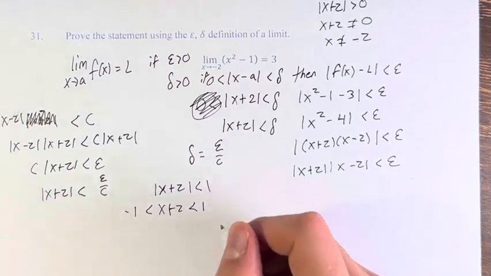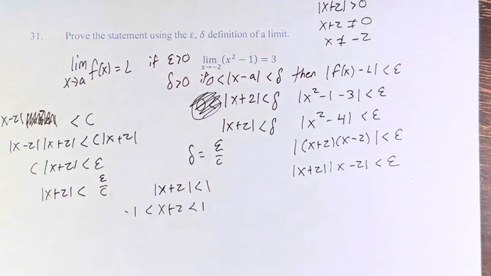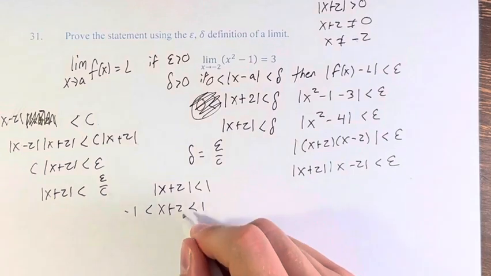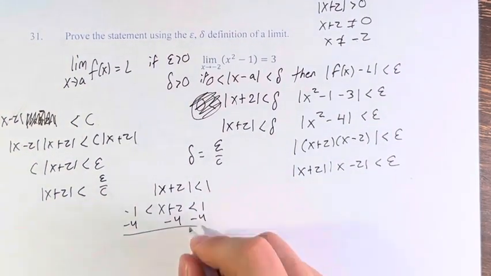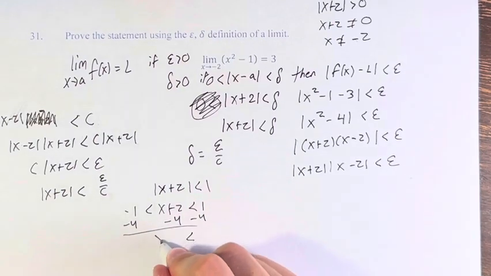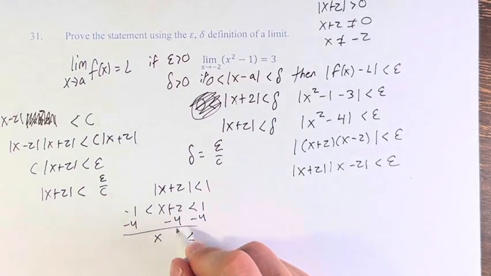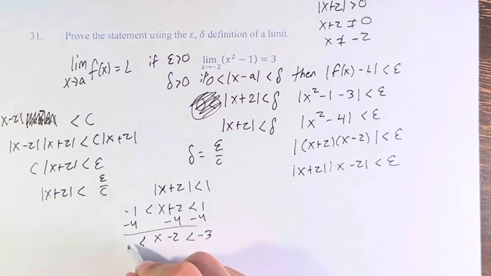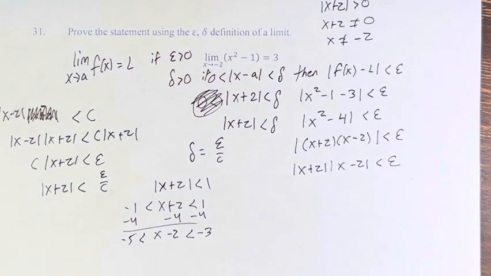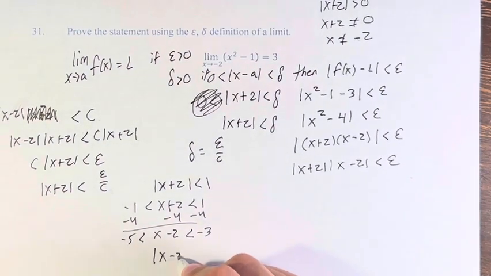And if we subtract 4 from both sides, then we can see that x plus 2 minus 4, which is x minus 2, is less than -3, and it's greater than -5.